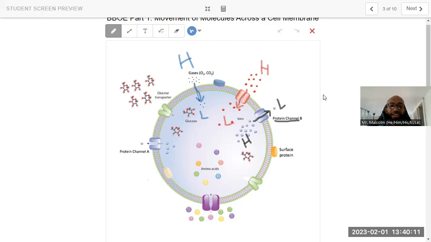It's always the same direction, high concentration to a low concentration, always the same. Please add that to your number 2 response. High concentration to low concentration. That's always the direction that it moves, always.